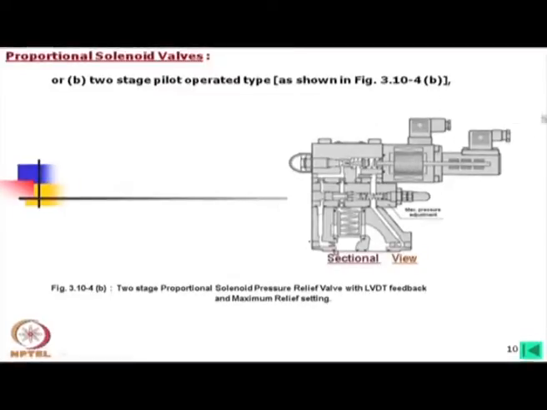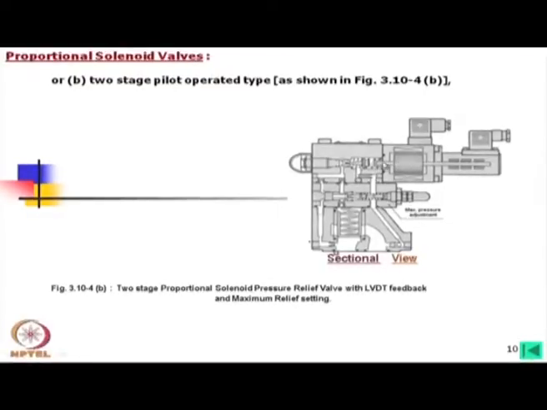The control unit is outside, and sometimes the control unit is inside. In other words, in this case there is a card to drive these two, and in that card there will be some position feedback control of this solenoid, that means this spool end.